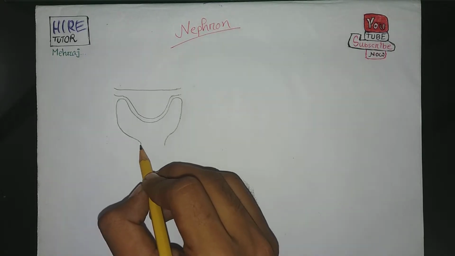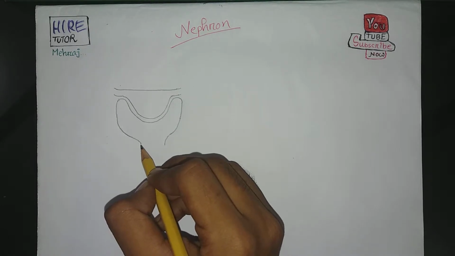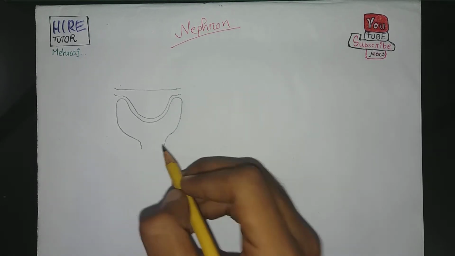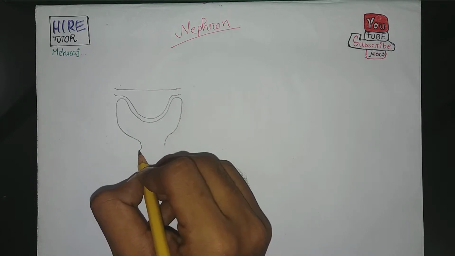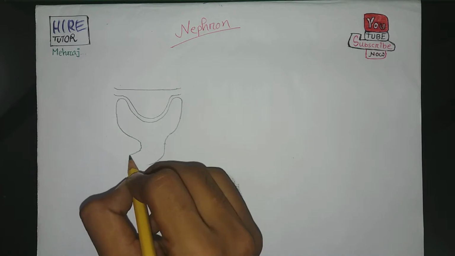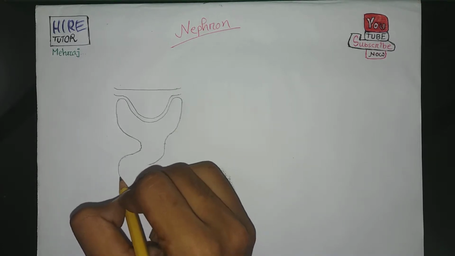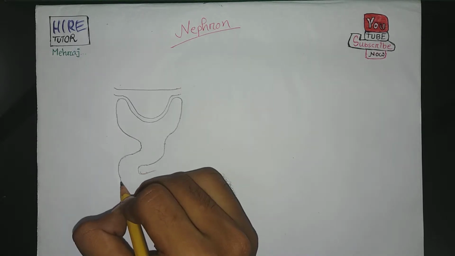So now I will go to the renal tubule section. At first, in the renal tubule section, we have the proximal convoluted tubule or the PCT. It will be like this. It is pretty fat, like this.